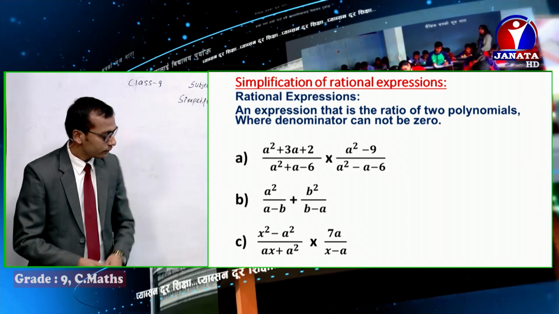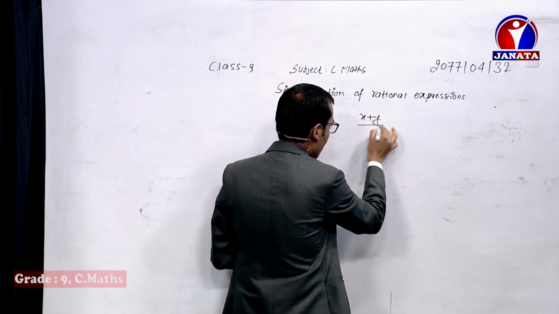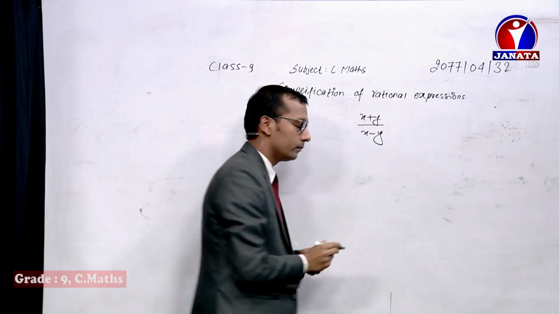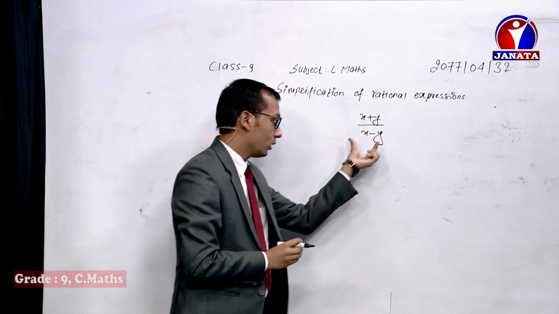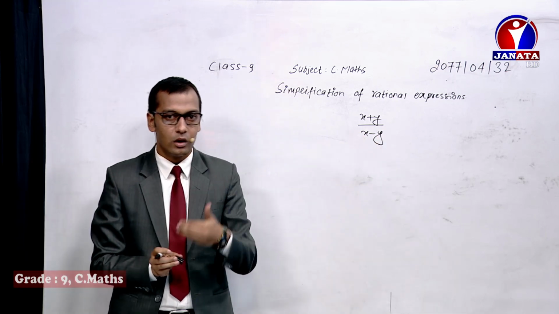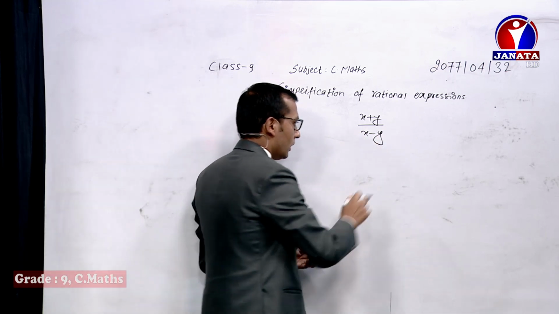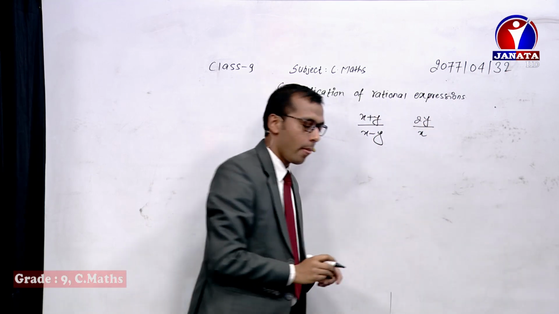For example, x plus y over x minus y is a rational expression, where the very important point is that the denominator of the fraction cannot be 0. Another example is 2y over x.